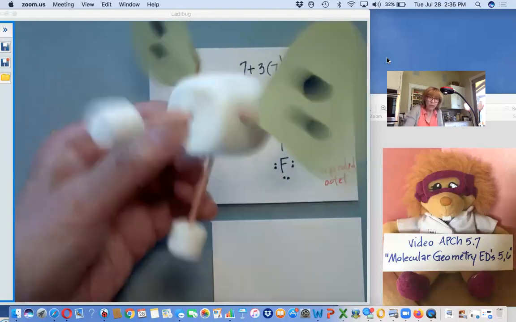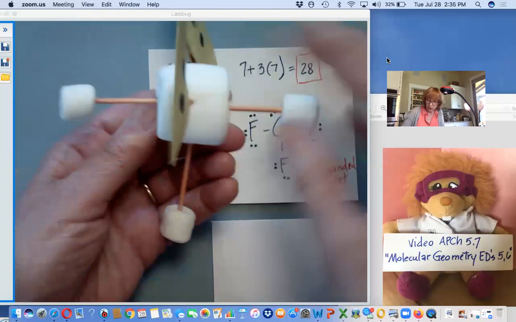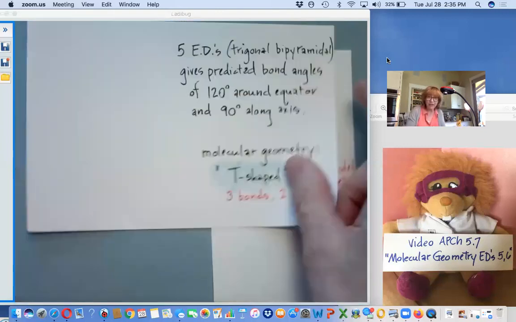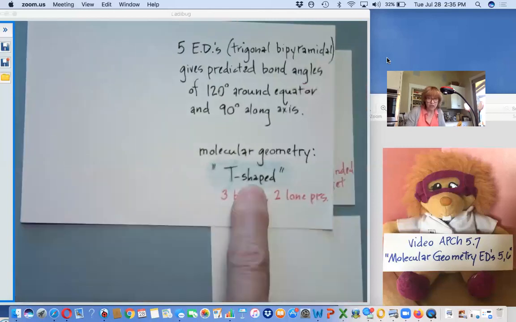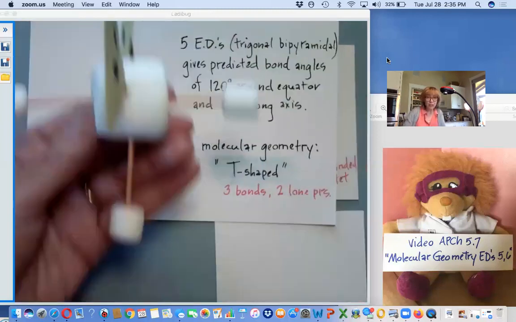We're ignoring the lone pairs to name molecular geometry. So this permutation of 5 electron domains is called T-shaped. We have 3 bonds and 2 lone pairs. Can you see where the name T-shape comes from?